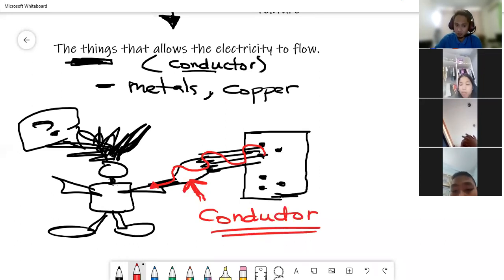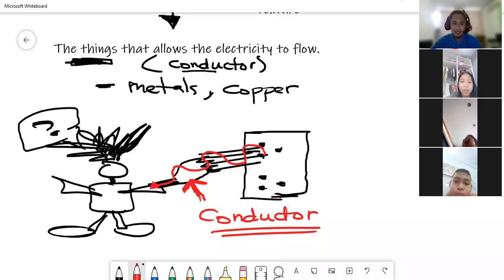Understand? Metal or conductor. All the metals are conductors. It means that in all metals, the electricity can flow. So you will become like Narungrit if you hold the metal with the electricity.